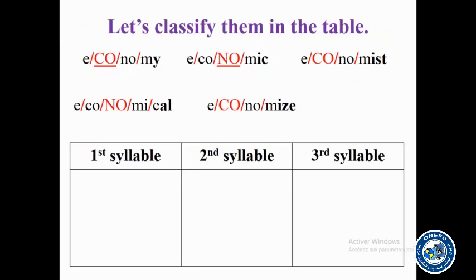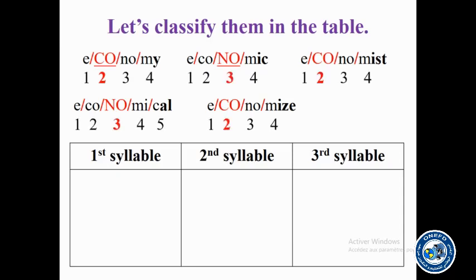So now for your Bac paper, you will not be asked to underline the stressed syllable, but to classify the words according to the stressed syllable. So here we have to count. Economy, where is the stress?